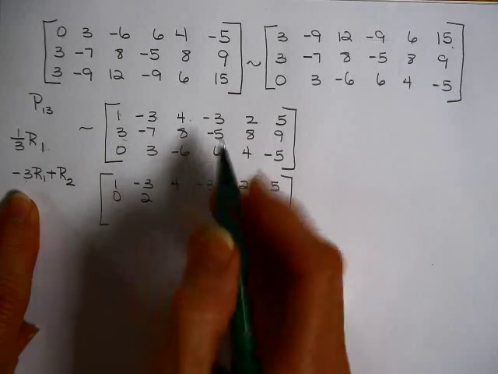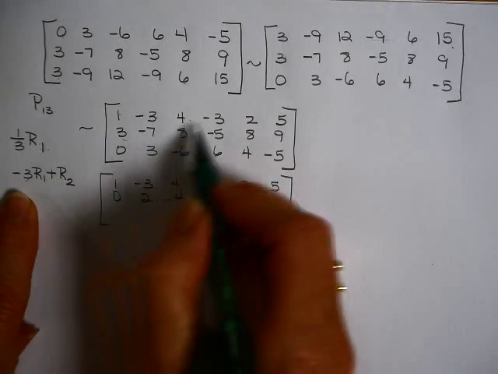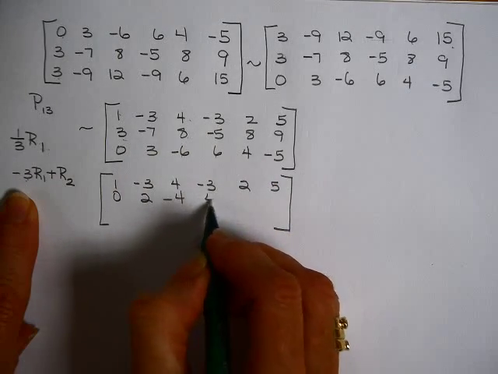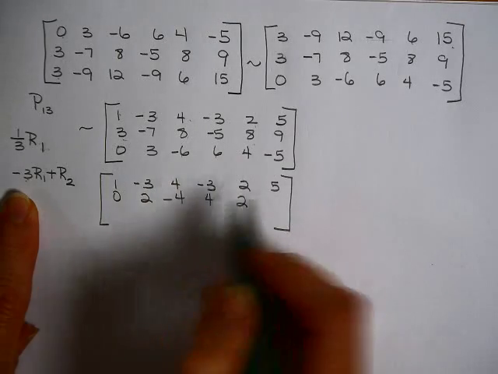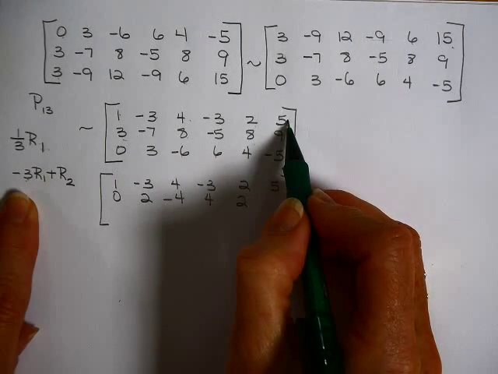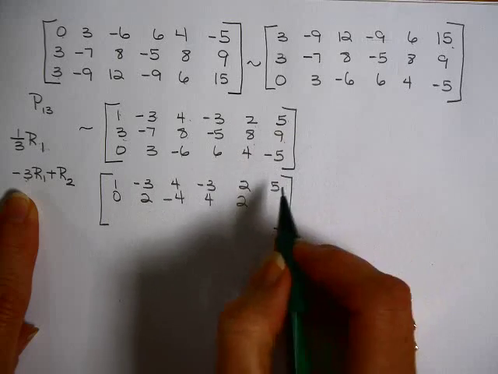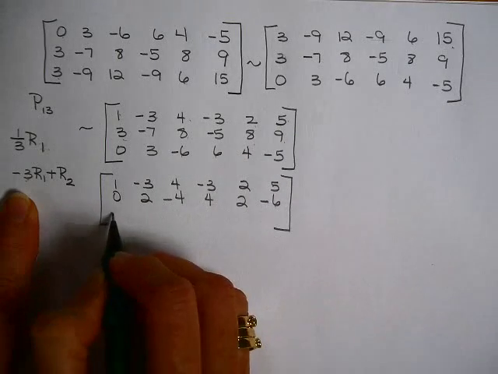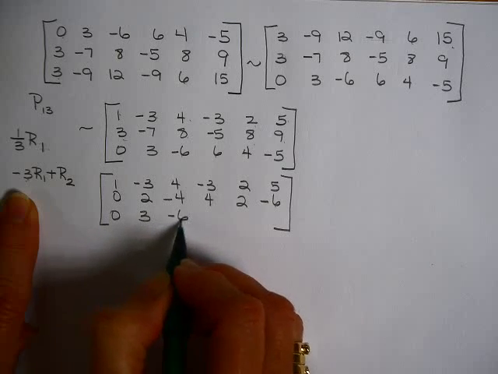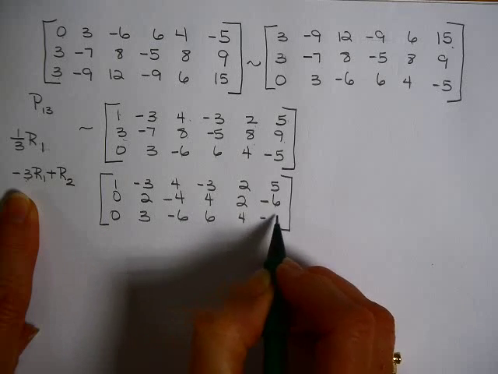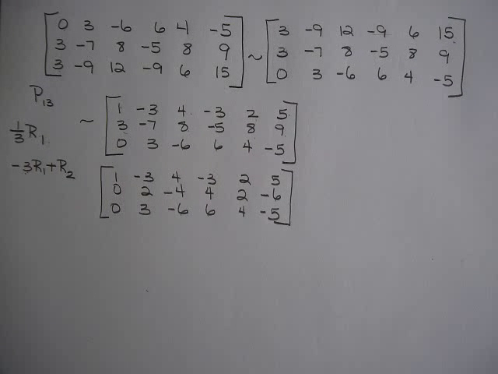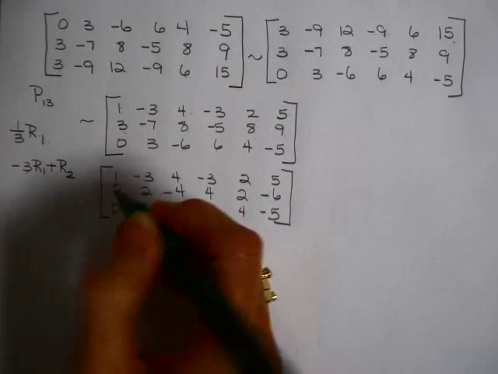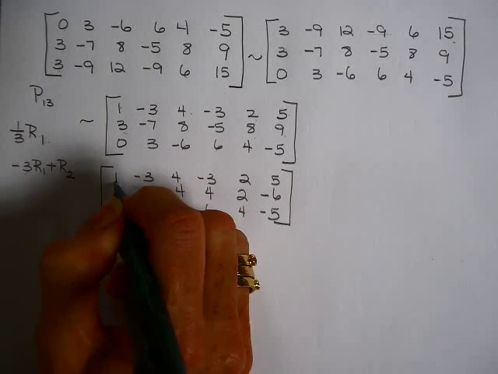Negative 12 and 8. 9 minus 5 is 4. Negative 6 and 8 might be a 2. Negative 15 and 9, maybe a negative 6. Did y'all check my arithmetic? Okay, so now I have zeros under this pivot, so there's a pivot.